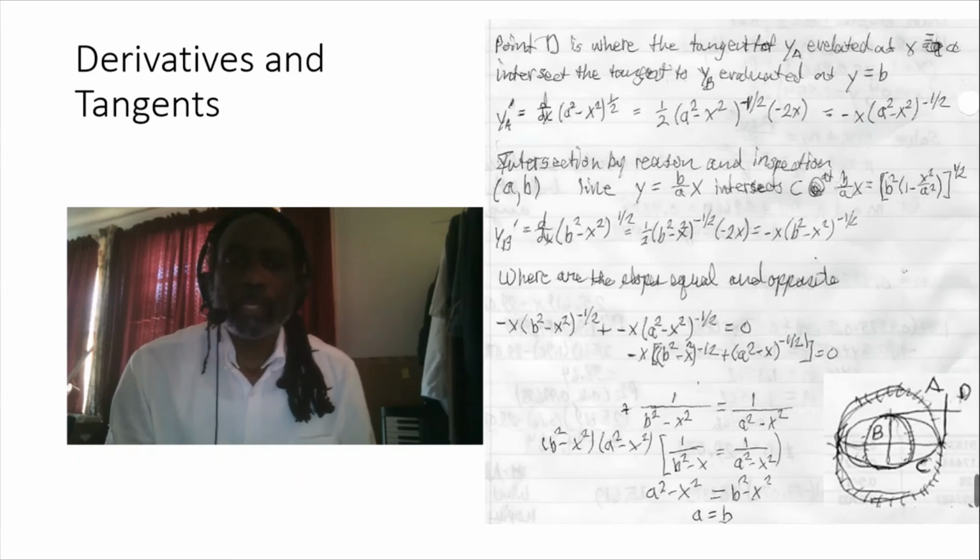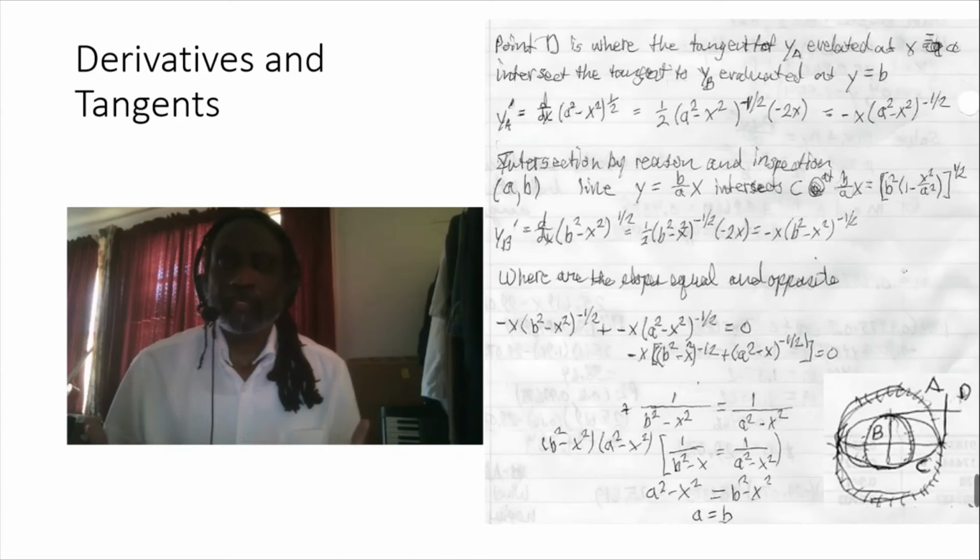After that, I set the two slopes to be equal and opposite to each other, so that if I were to add the two derivatives and set them equal to 0, that would be saying the same thing, that the slopes are equal and opposite.